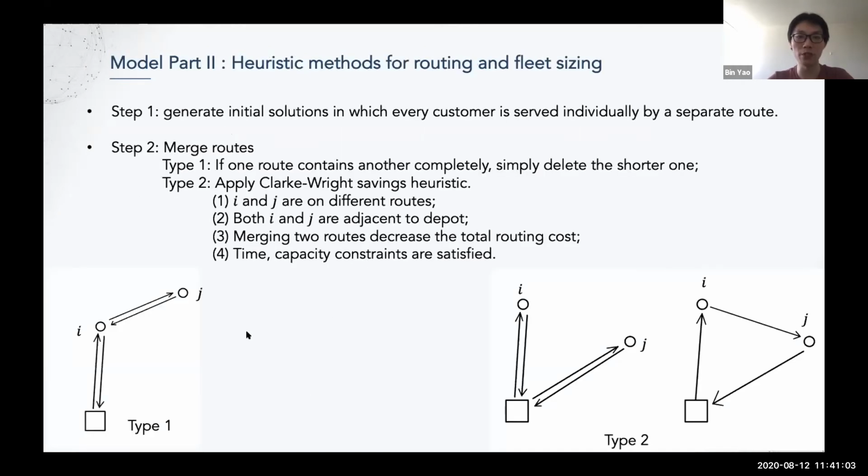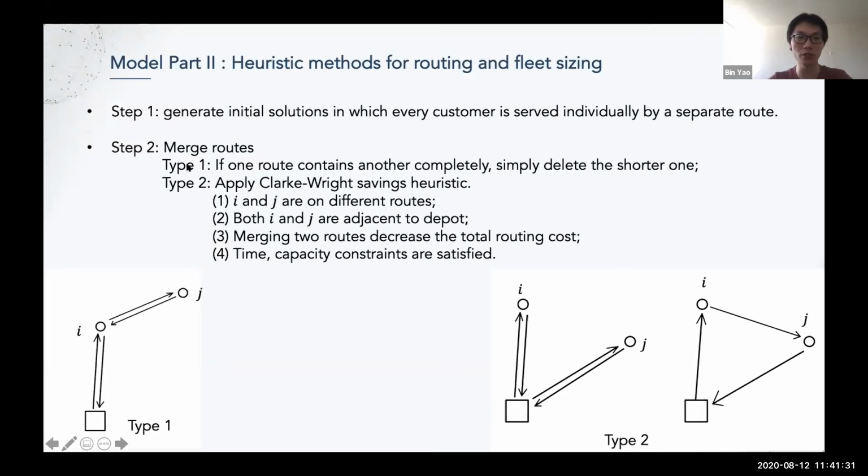So the first step is to generate initial solutions in which every customer is assigned a separate route. This is the illustration of the initial solution after step one. In step two, we will try to merge these routes, and there are two types of merging.